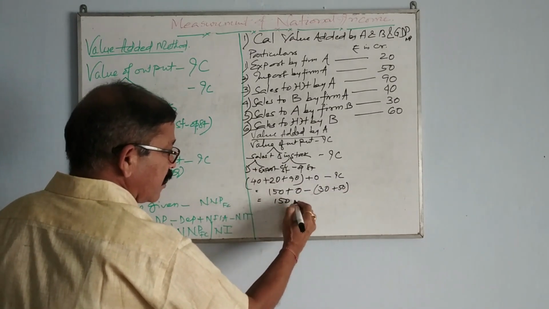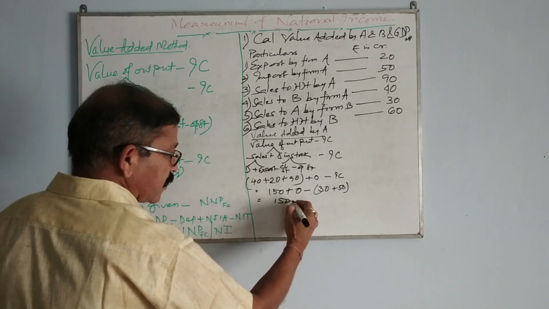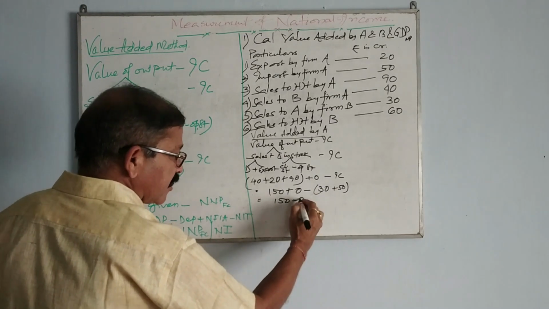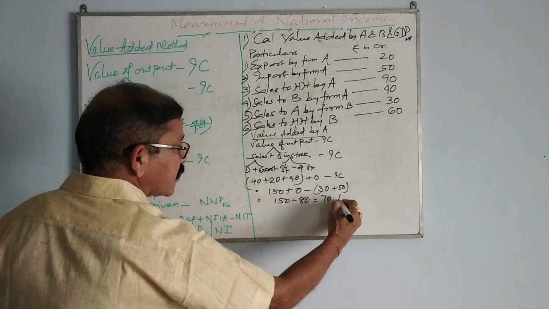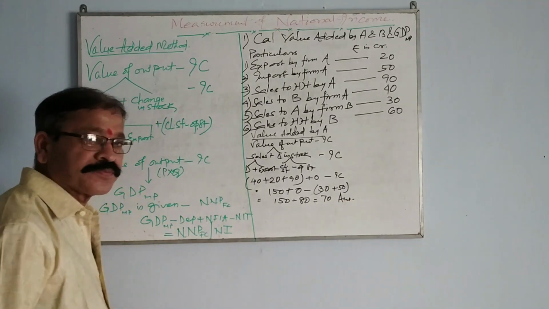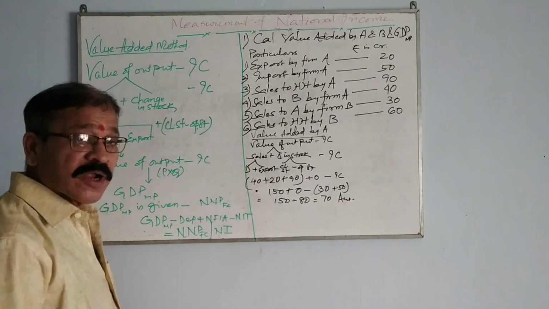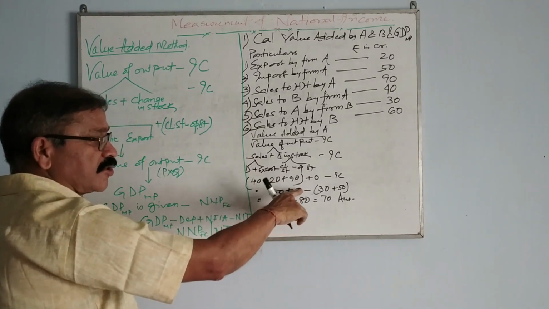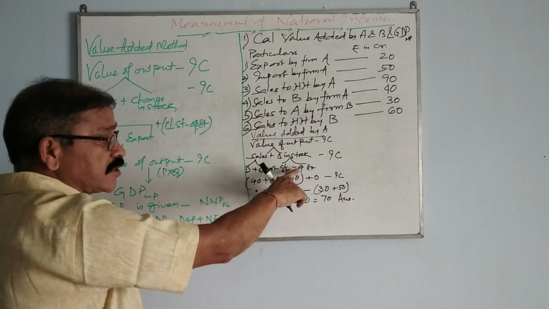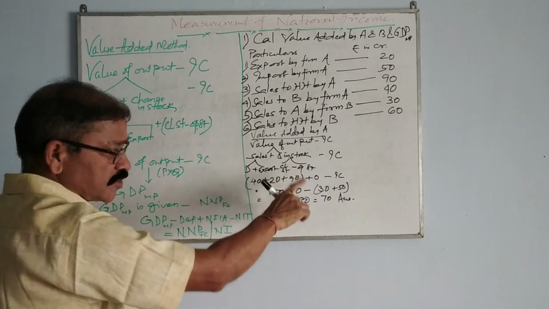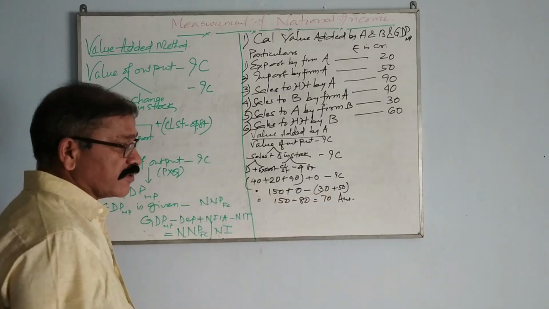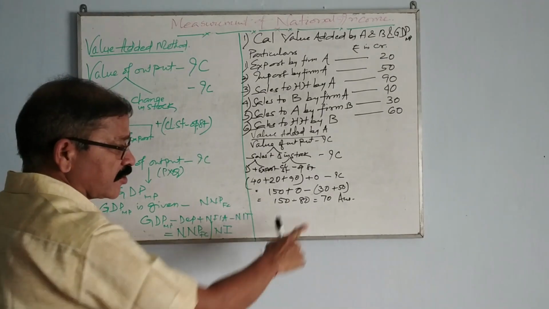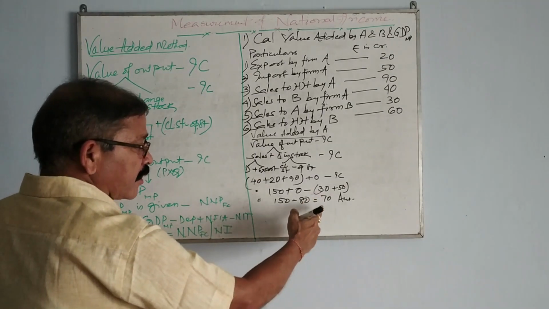So 150 plus 0 is 150, then minus 80. So 70 is the value added of A. I kept 0 because change in stock is not there. Then 30 plus 50 gives 80. Out of 150, if you subtract 80, you get 70. That is the value added of A.